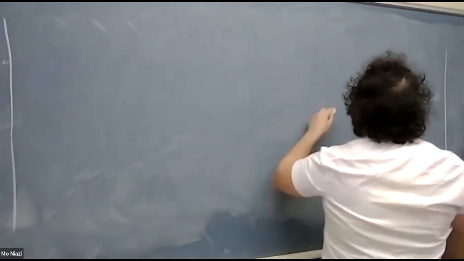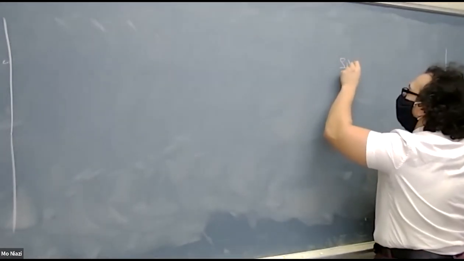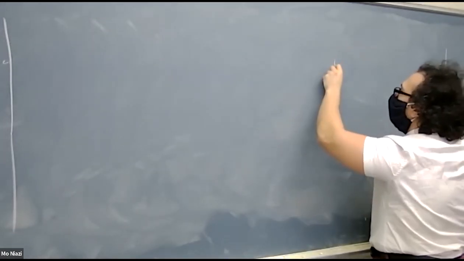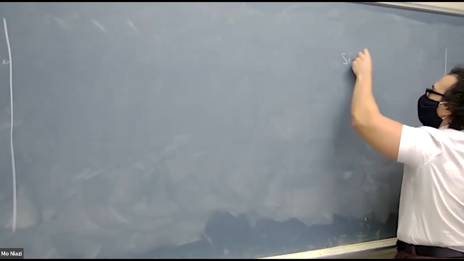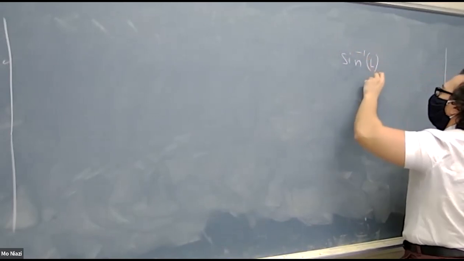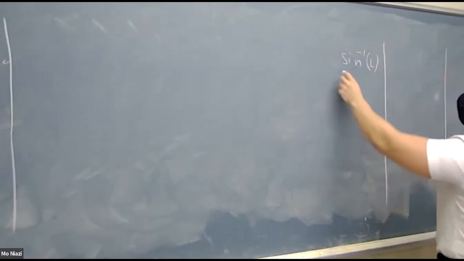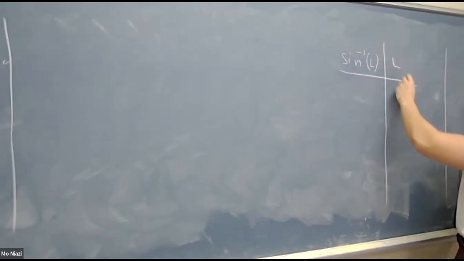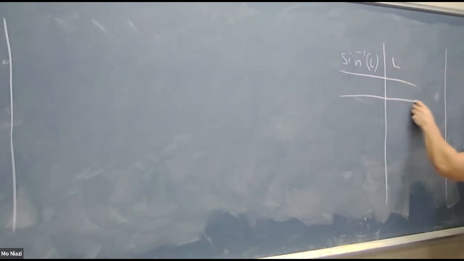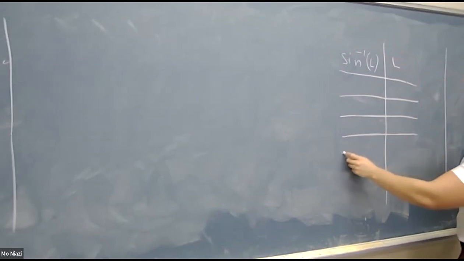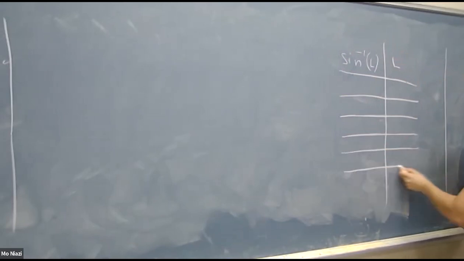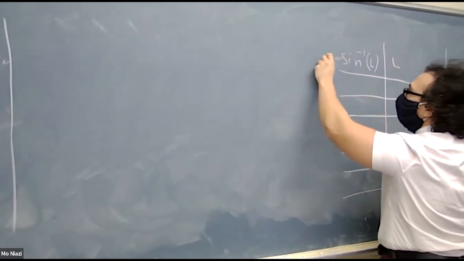Let's create a sine inverse of L table. Let's plug in various lengths and see what the sine inverse outputs. What does sine inverse output? It outputs an angle, does it not?